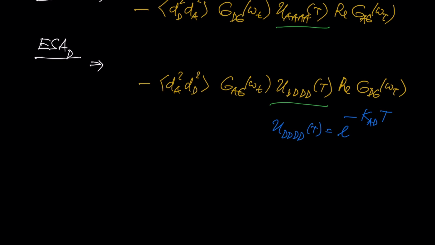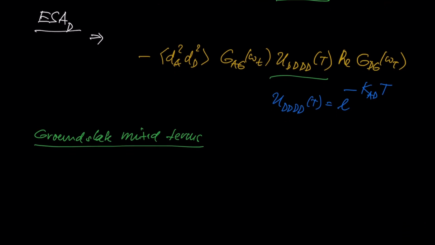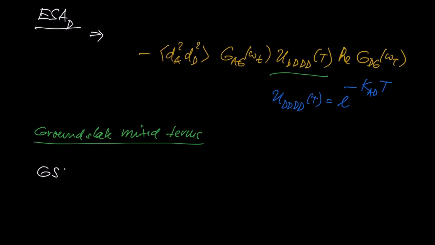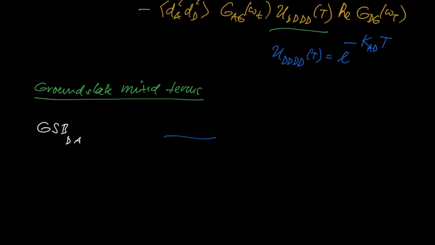Nothing can prevent that, so we have some ground state mixed terms, a ground state bleach, where the signal, for instance, starts at A and goes to D. So let's draw some diagram.